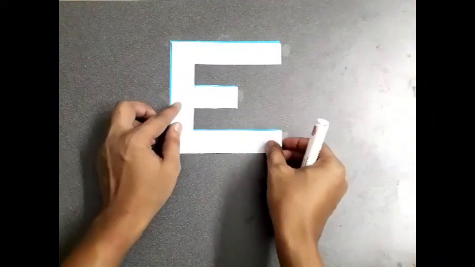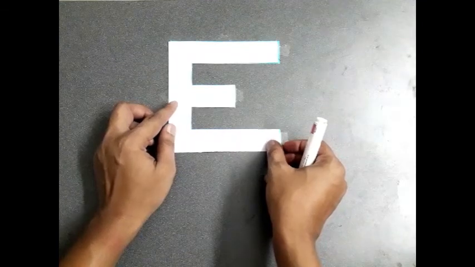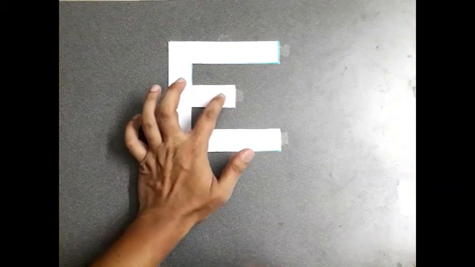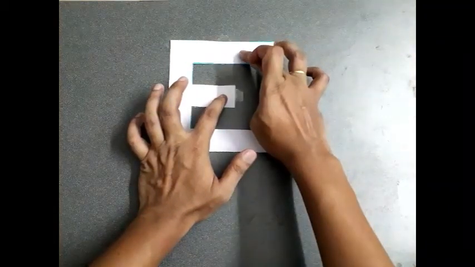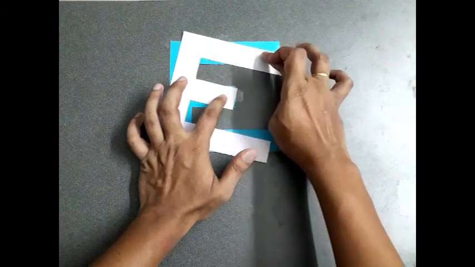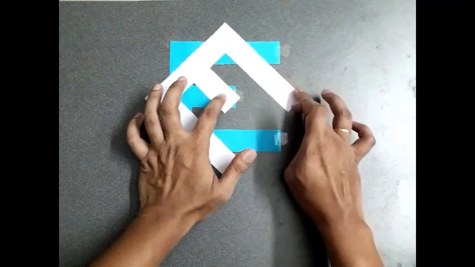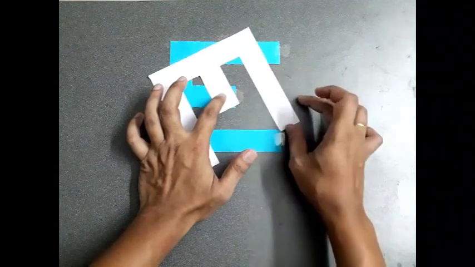So look. I am taking this one in order to check the rotational symmetry. We will see how many times this letter is going to coincide with the blue color E. I am rotating clockwise. As I told yesterday, you can rotate anti-clockwise also.